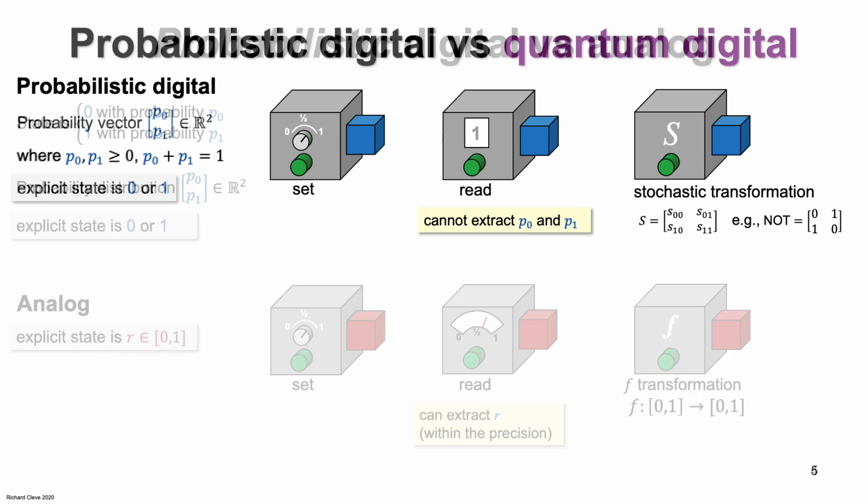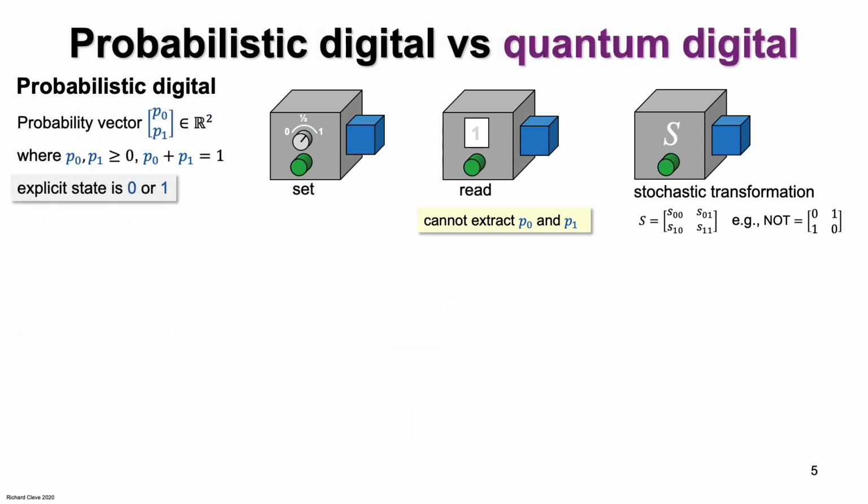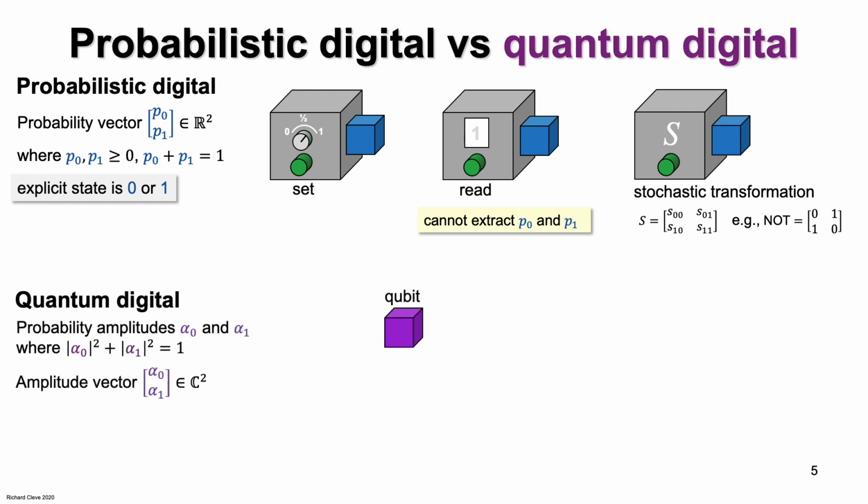We'll leave the information about probabilistic digital on display. A quantum bit, or qubit, has a probability amplitude associated with 0 and with 1. Probability amplitudes, called amplitudes for short, are different from probabilities. They can be negative.